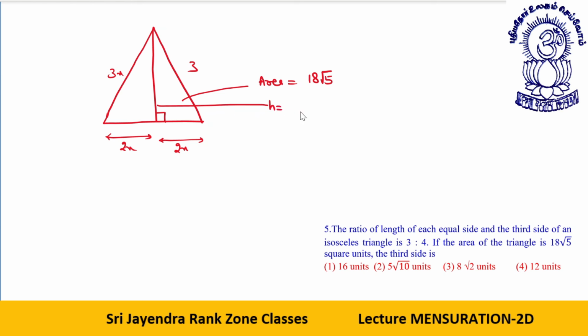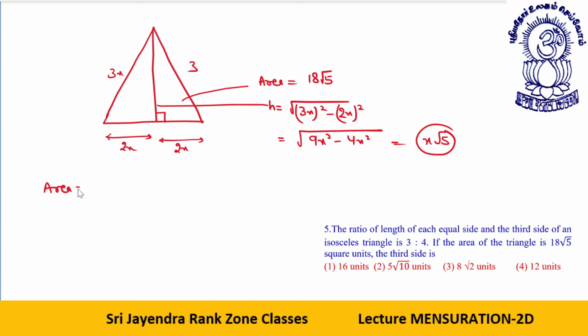This height h will be under the root 3x square minus 2x square. Or I can say 9x square minus 4x square, that is x root 5.